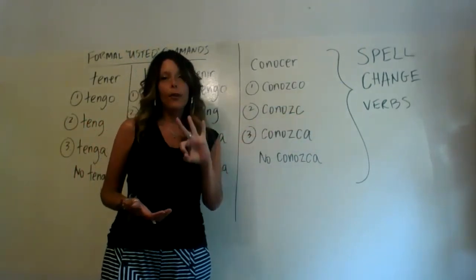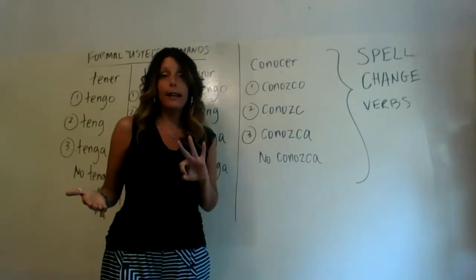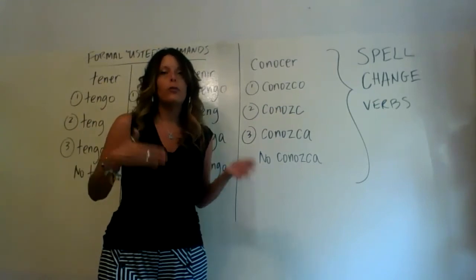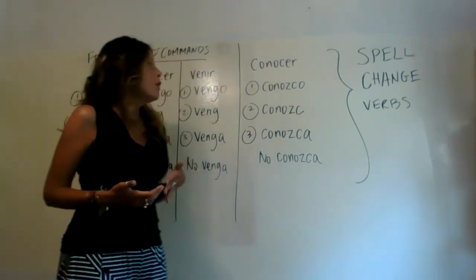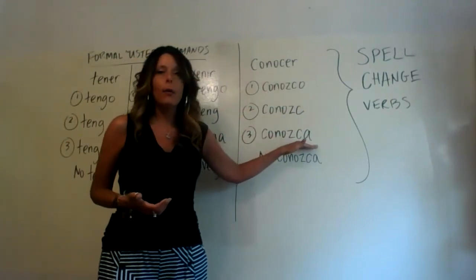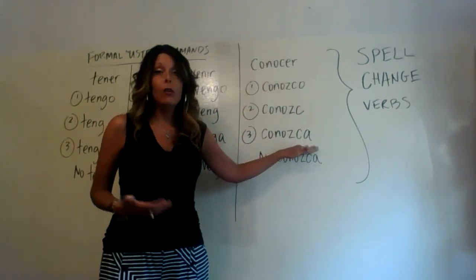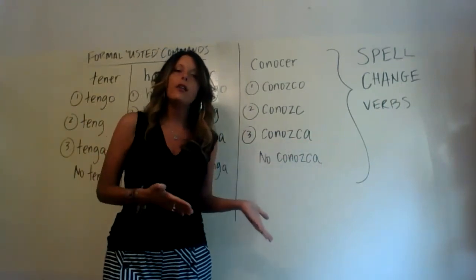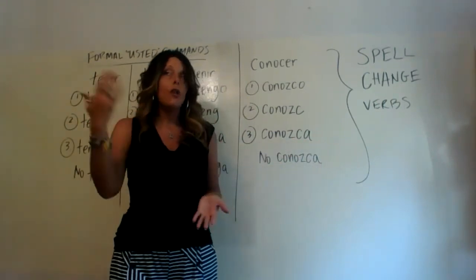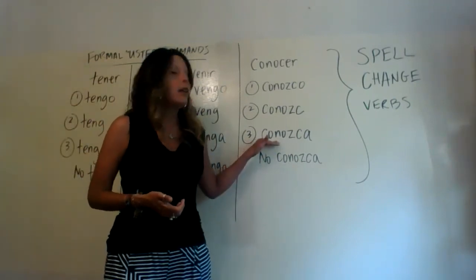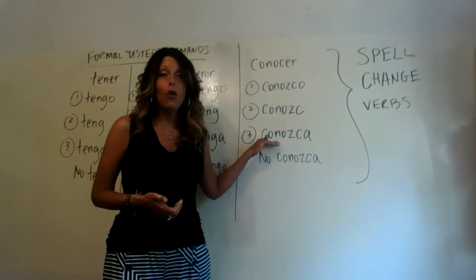And then step 3 is all about adding those opposite endings, and step 3 formulates our formal usted command for us. Since it was an ER verb, our opposite ending that we would need to add would be the letter A, which I have already done. And so now we have our formal usted command with the verb conocer, to know someone or to get to know. It is pronounced conozca.